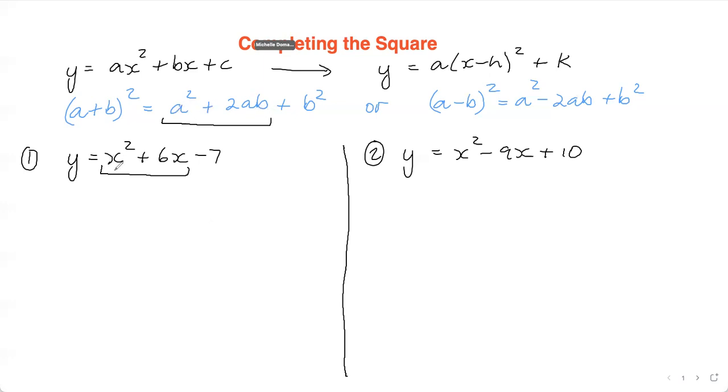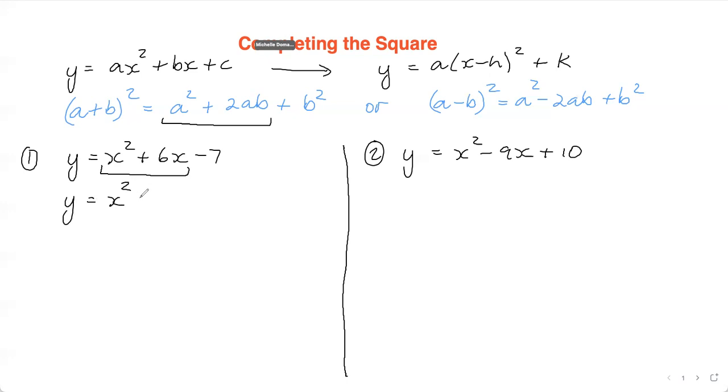So I know my x is taking the place of the a. This 6 is made up of the 2b. To find out what b is, we simply halve it. Half of 6 is 3, obviously, but we don't have the plus 3 squared there. So we want to get that in there so that we have a perfect square.